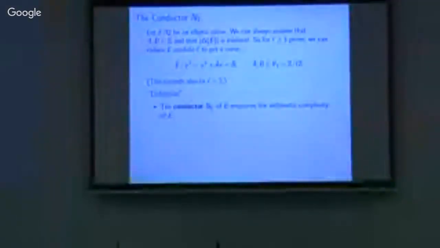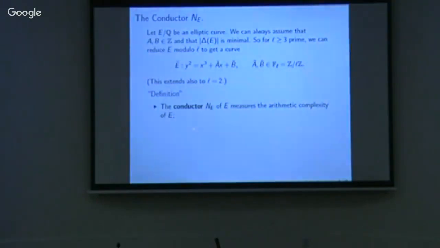So now, the conductor, as I said, is an integer that's going to measure the complexity of the curve E. And the second thing you need to know about it is that there is an algorithm that goes from this Weierstrass model and gives us this number. This is called Tate's algorithm.